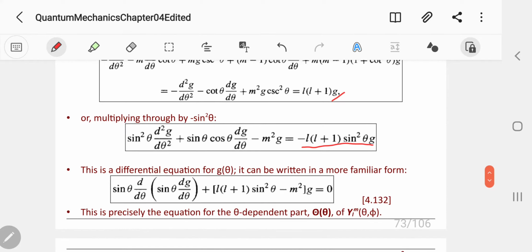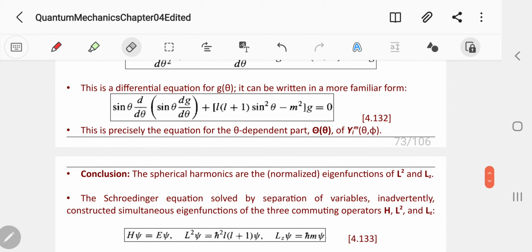And transforming the equation, this is what we have. And this is just actually the differential equation that would give us the spherical harmonics. So instead of f l m, we will use the spherical harmonics Y l m. So that's just showing you that the spherical harmonics are the normalized eigenfunctions of L squared and Lz.